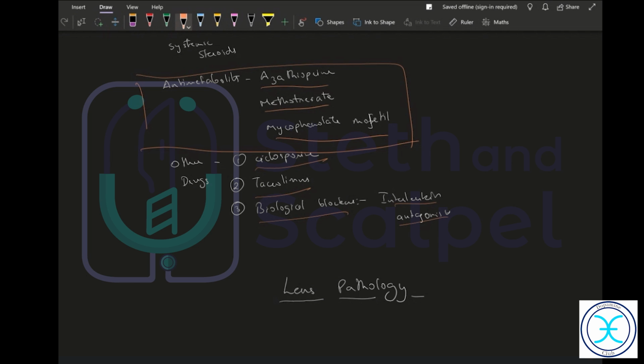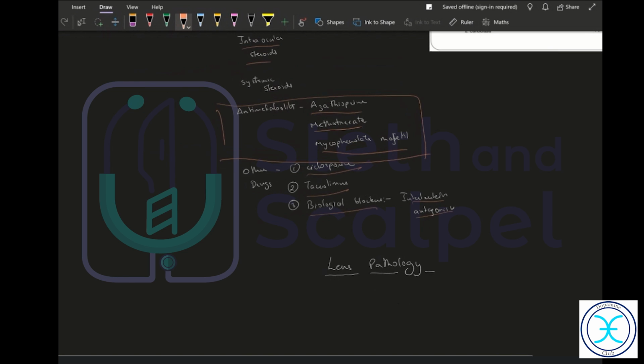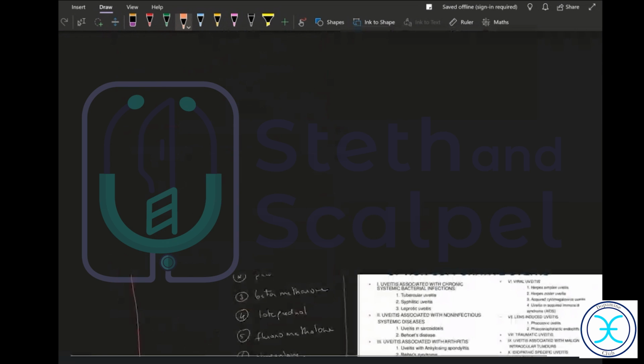In intermediate you see the snowballs and snow banking in the vitreous, and in chronic you see retinitis and those conditions occurring. Then you go to the treatment. I think that would be sufficient for a short note. If they want to ask you this as an essay or a short note, this should be sufficient.